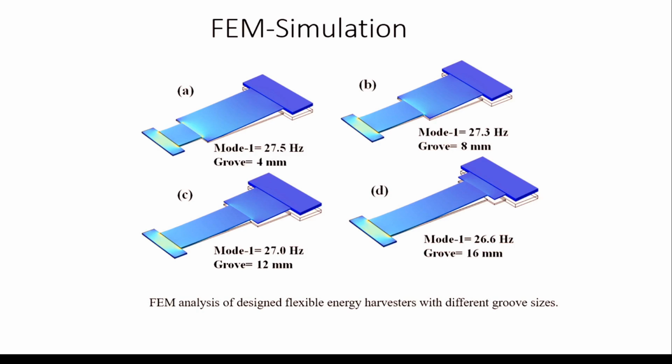Before fabricating, we did the simulations, and we incorporated a groove structure. In A, B, C and D, you can see that different groove size structures are incorporated. Why have we incorporated this groove structure?